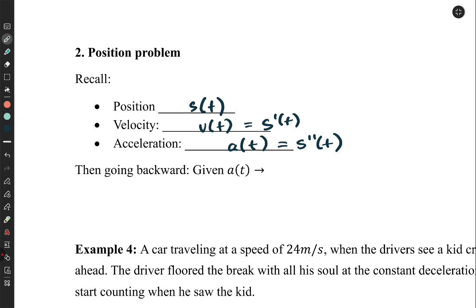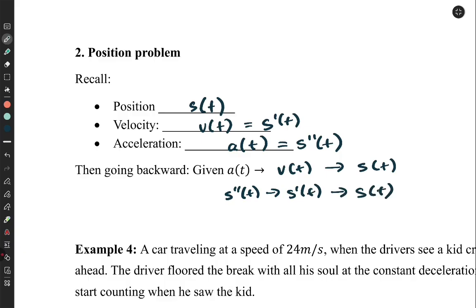So going backward, you go back to velocity, then back to the position. In other words, you have the second derivative, you go back to the first derivative, and you go to the original function. You just did that above. Okay, read our problem.